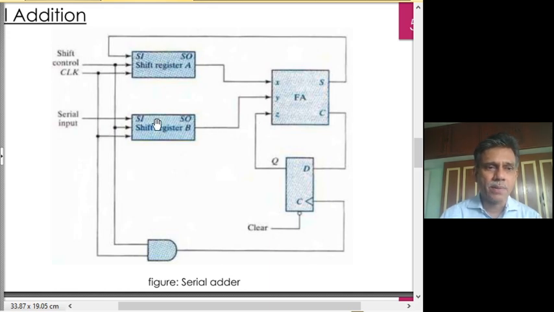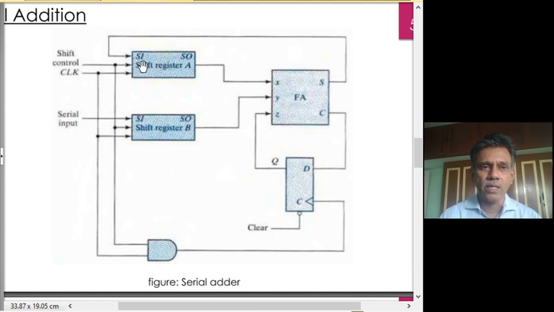So now what happens here is, you give the shift control for a duration which is equal to n times the clock period, where we want to perform an n bit addition. Then after each clock transition, the LSB of A and B are taken, added with the carry, and the sum and carry are produced.